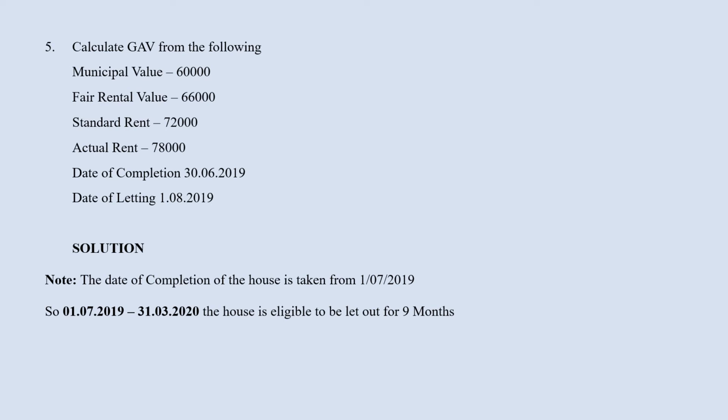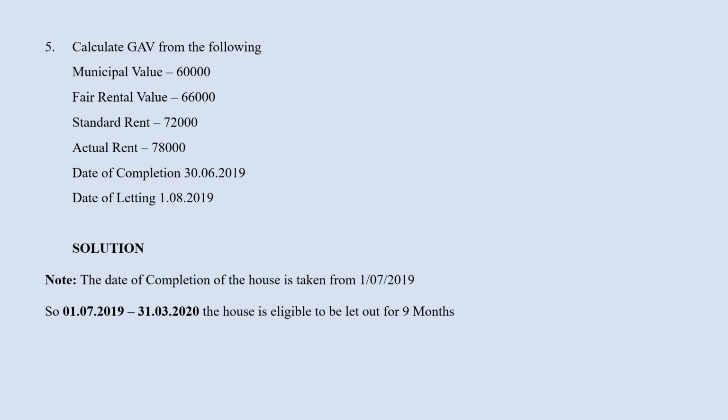Now the house is completed on 30th of June, and the house is let out, that is it is given out for rent only on the 1st of August. So the entire July month it was vacant. That means it did not get any income for that month.